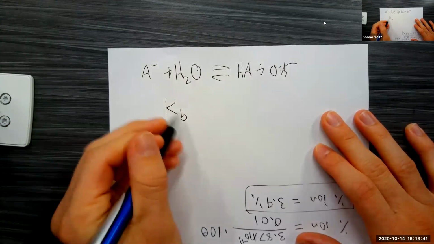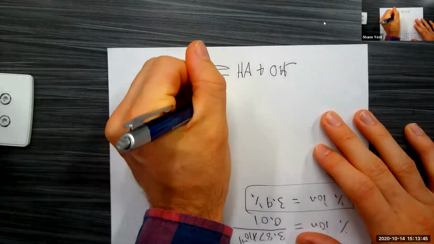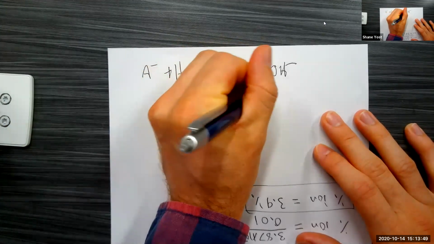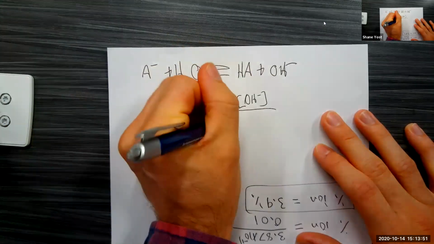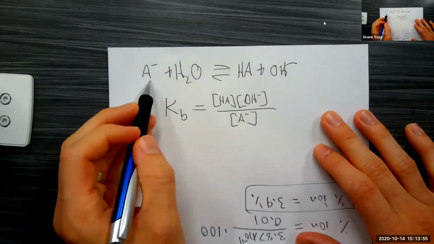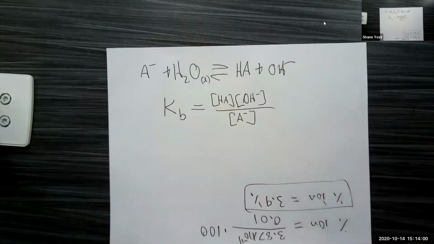This base dissociation equilibrium constant is going to be concentration of HA times concentration of OH minus over concentration of A minus, okay? Note here that I'm not including water, because water is just a liquid.